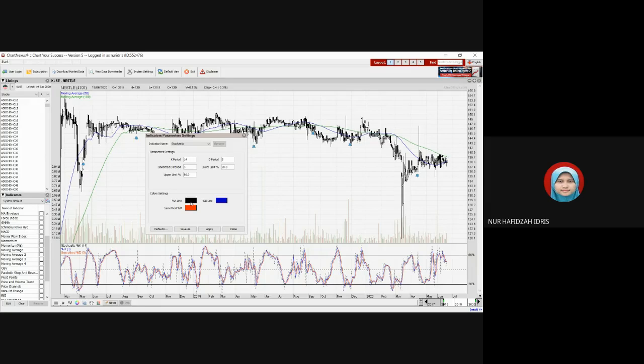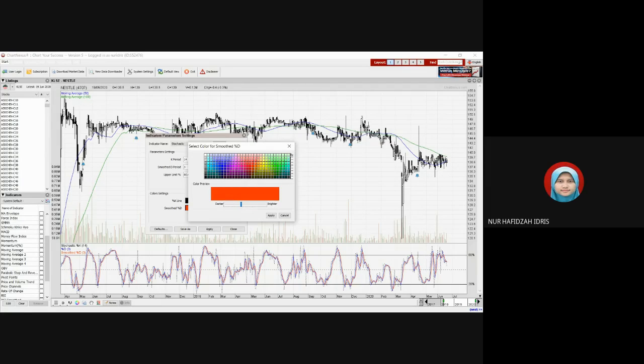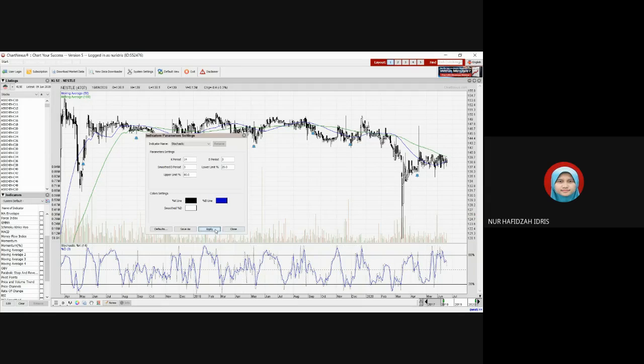So the K line is black. The D line is blue. What we want to see is the smooth between the percentage K and D line. This red, you can change to the white. Something like this. So we apply.